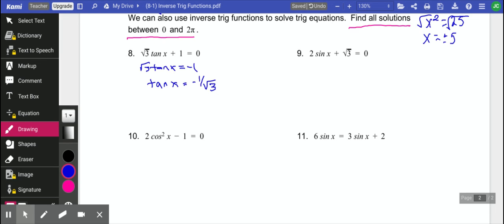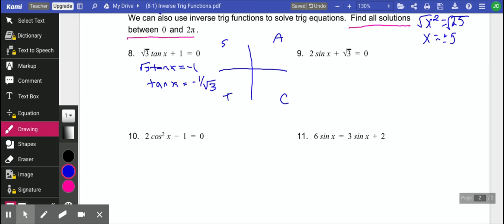So this problem is different, but we still want to know that angle. So we're going to draw this, but this time we have more possible answers. So do you remember all students take classes? That's what we want to think about.